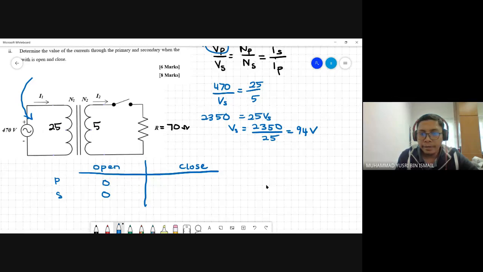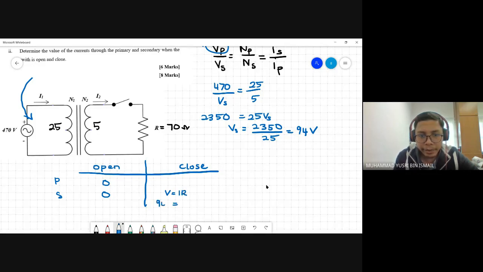When the circuit is closed, we can calculate the current at the secondary. We already have the voltage value, and we have the resistor R, so you can directly apply V equals IR.